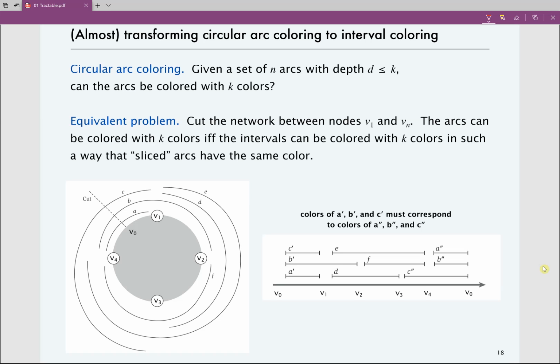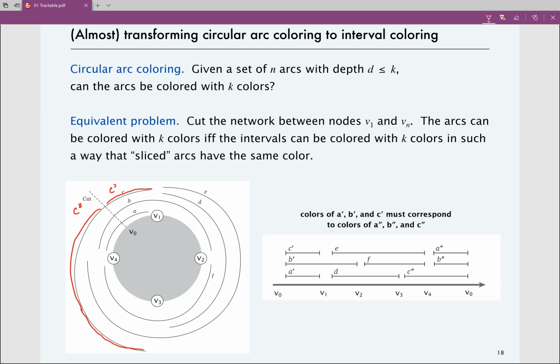For example, the C path here crosses the cut, so we're going to split this into two paths, like that. We're going to give it a different name now. We're going to call one half C prime, and the other half we're going to call C double prime.